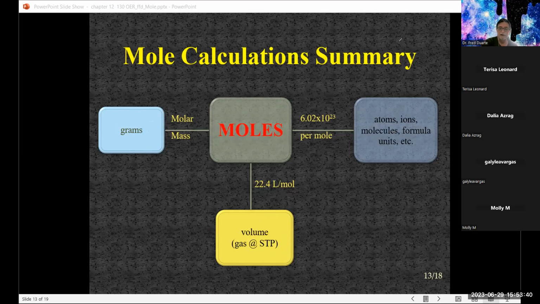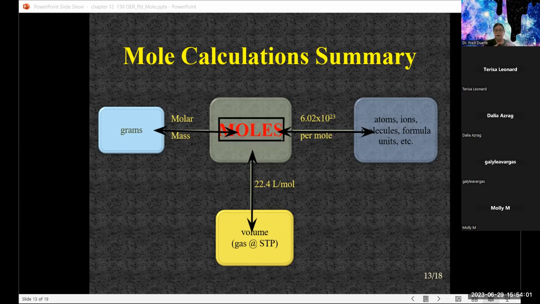Let me clear this up. It got too messy. The direction here is both ways. I can go that way. That's a double arrow. Okay. But it must be through moles.